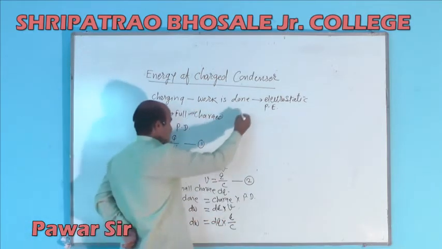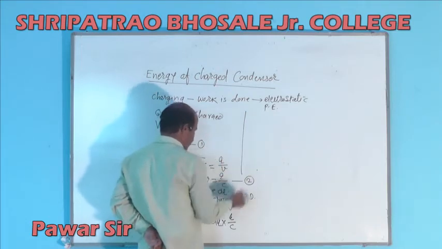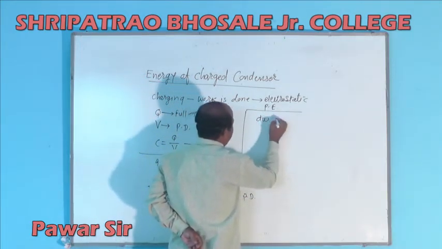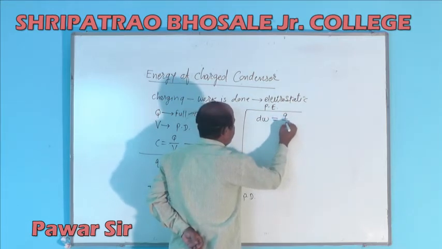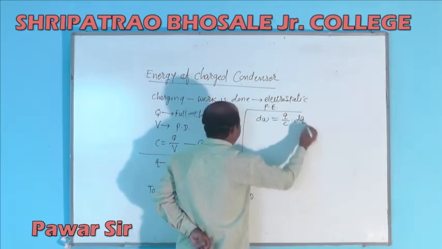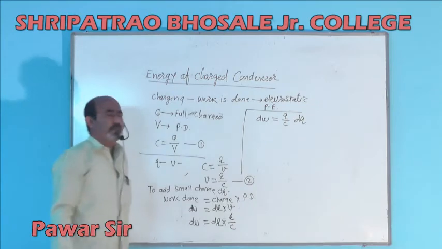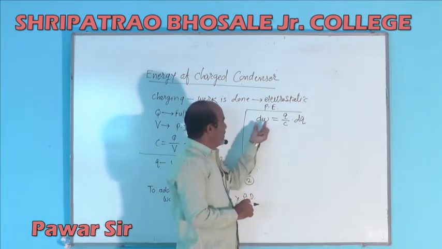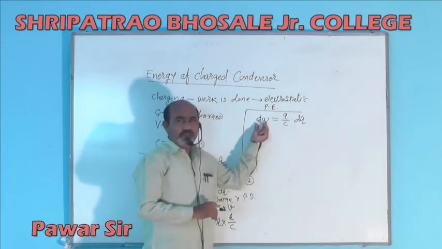So we can write dW is equal to Q divided by C into dq. To add small charge dq, dW is amount of work done.